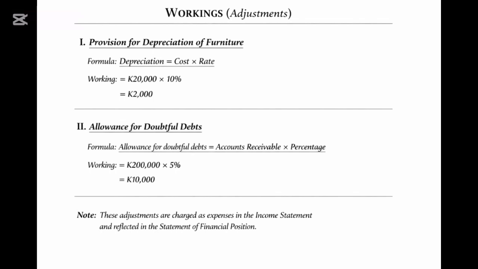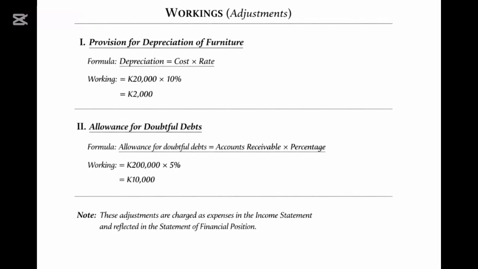Then the second adjustment which I will do is allowance for doubtful debts. Allowance for doubtful debts on accounts receivables was to be maintained at the rate of 5%. So allowance for doubtful debts is equal to, we charge allowance for doubtful debts on the debtors which we have.